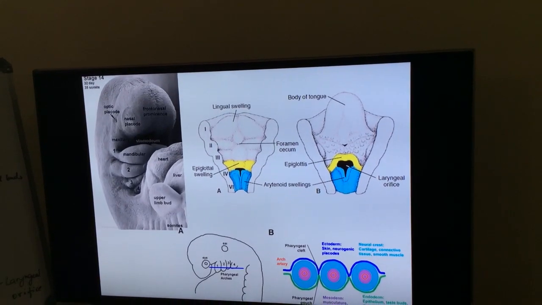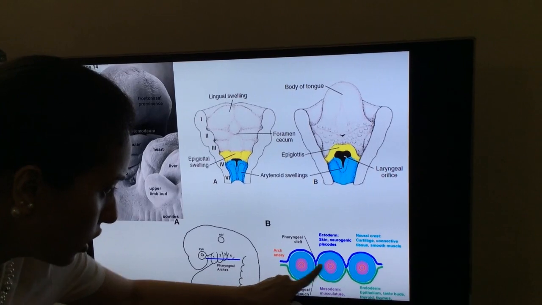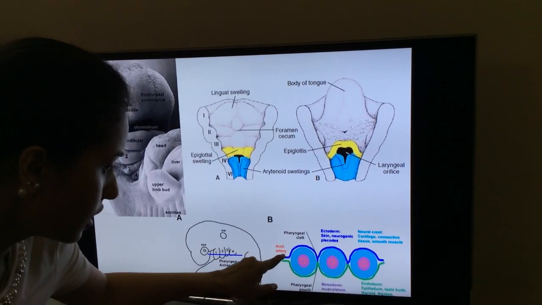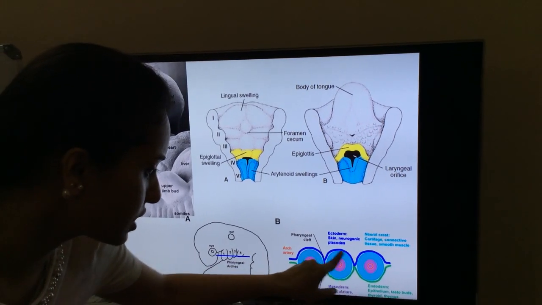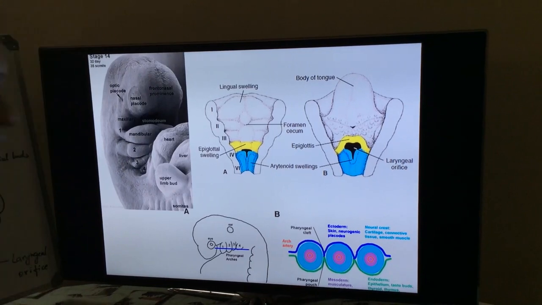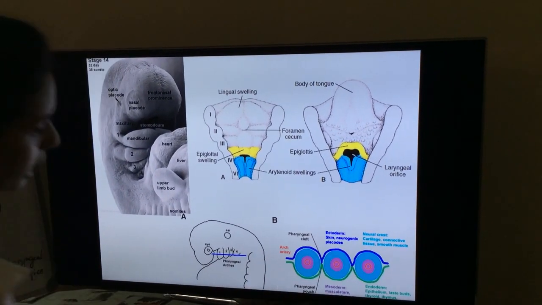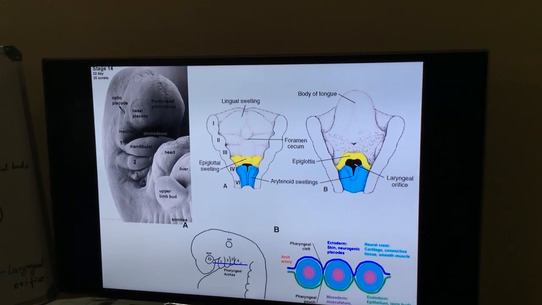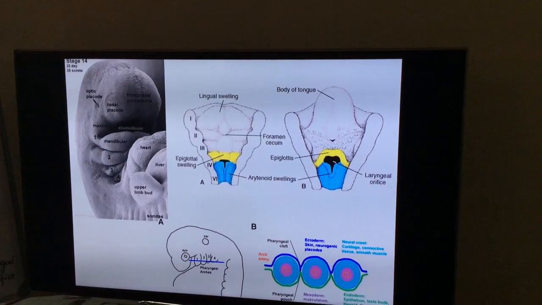So here again it is showing different arches. As I told, this is the mesodermal core. Then it is surrounded externally by ectoderm, which forms clefts in between the core, and pouch internally by the endoderm. Each arch is supplied by its own blood supply. It has its own artery and veins, and also it has its own nerves.